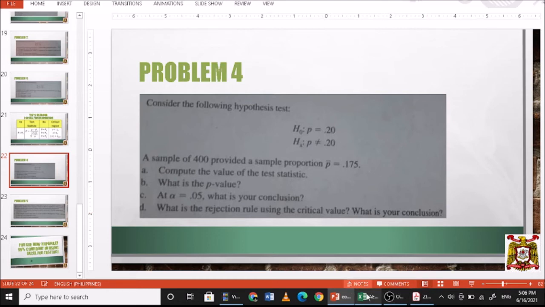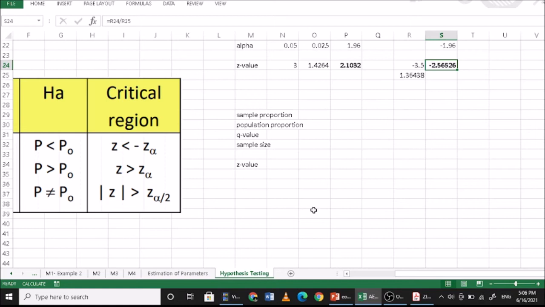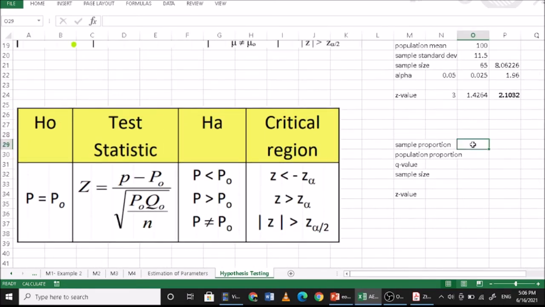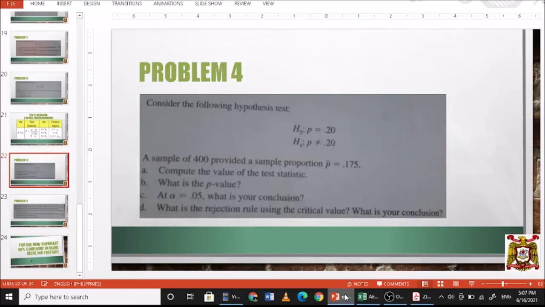Okay. So let's plot this one, the sample proportion. The sample proportion is 0.175. The population proportion is 0.20. So the Q value is equal to 1 minus the population proportion. And the sample size is 400.